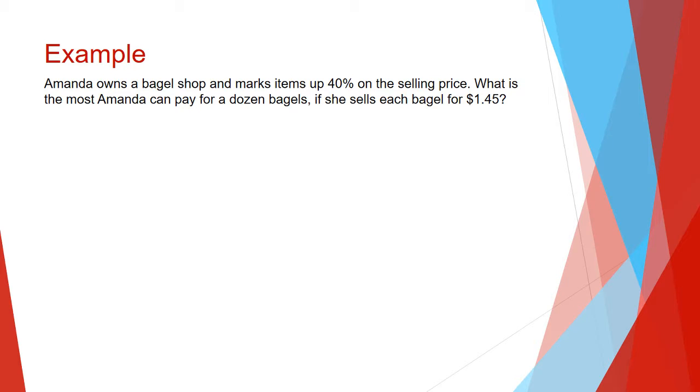Alright, here's another example. Amanda owns a bagel shop and marks items up 40% on the selling price. What is the most Amanda can pay for a dozen bagels if she sells each bagel for $1.45? Same thing, we need to find the complement of markup rate first.